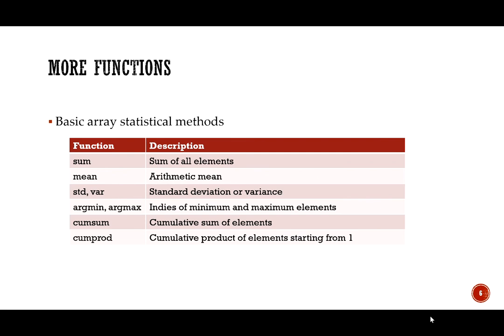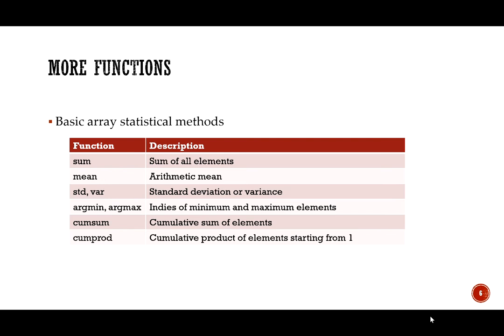And here you can see basic array statistical methods that you can apply with one line of code. Sum returns the sum of all elements in your matrix or your array. Mean returns the arithmetic mean or average. STD and variance calculate the standard deviation or variance.